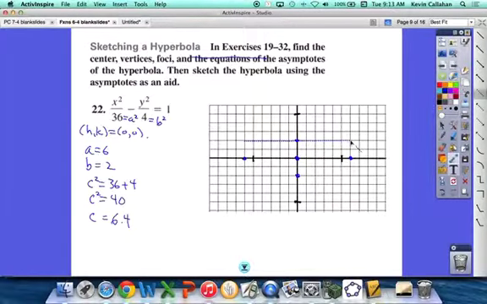Here's our box, to there, to there, to here, and here. And then we will switch to red, and now we draw in our diagonals, a fatter line than that.